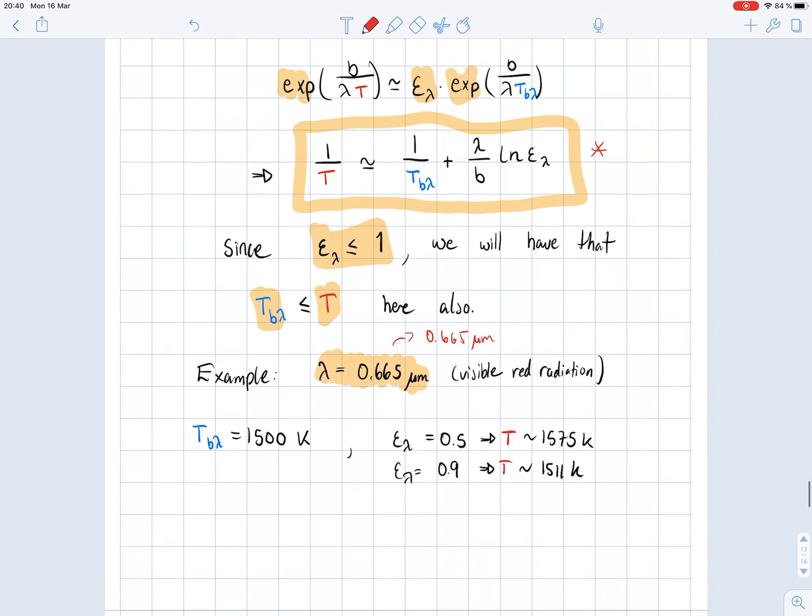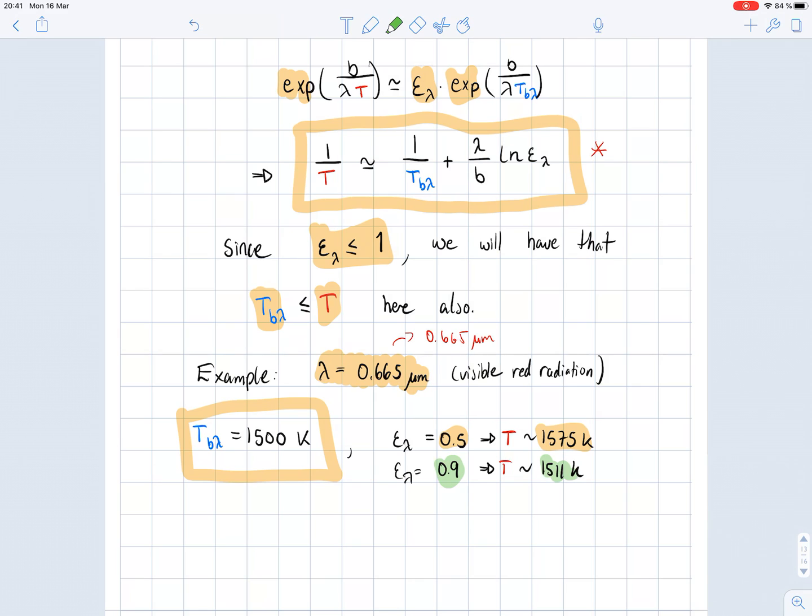If we assume that we have visible red light, we again look at a reading temperature of 1500 kelvins. If the spectral emissivity at that wavelength is 0.5, then the true temperature is 1575 Kelvin, while if we go again to a higher emissivity, the error is smaller. And the error is smaller for both of these cases compared to the total radiation pyrometer that we looked at previously.